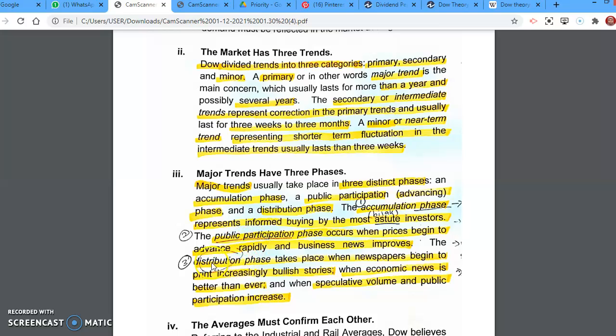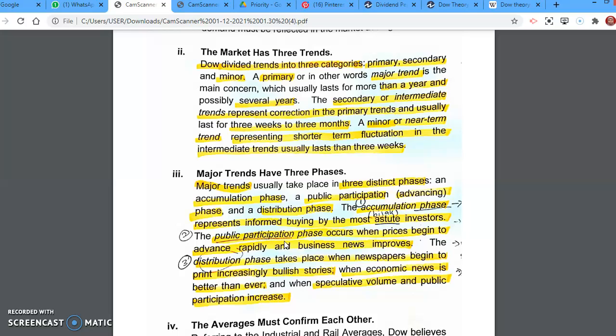Dan fasa ketiga adalah distribution phase. Okey, pada fasa distribution phase ni, apabila tadi dalam keadaan yang bullish, di sini kita katakan dalam keadaan yang agak bullish di mana ekonomi agak strong mungkin. So, ada banyak berlaku perubahan terhadap share prices dan sebagainya.